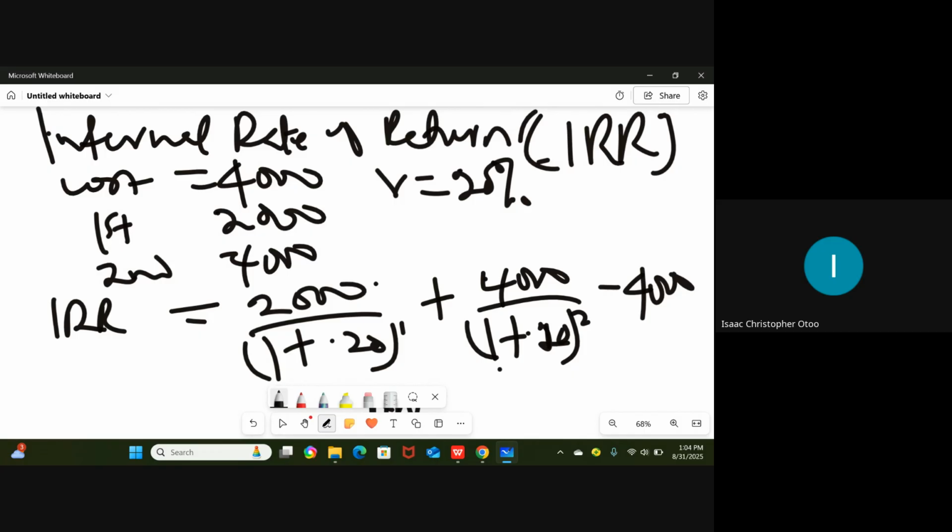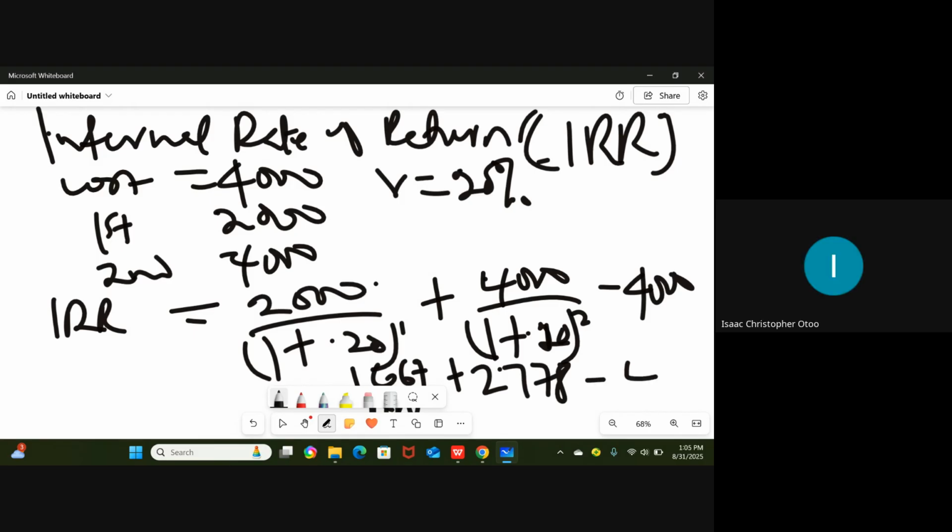Good. So year 1 will give us what? Year 1 is 1,667. Then let's go to year 2. 2,778.